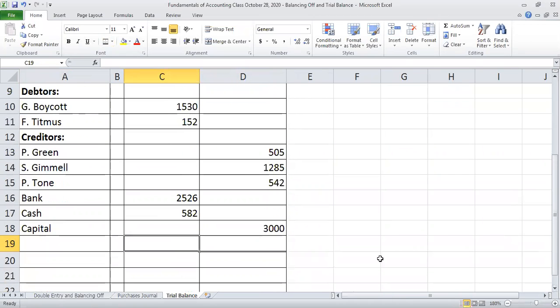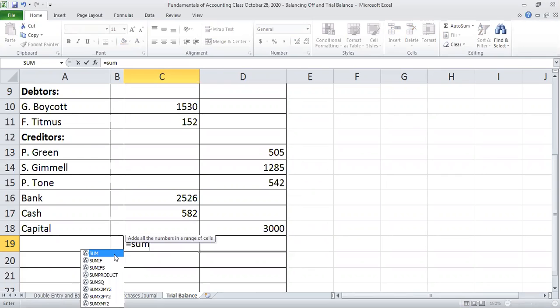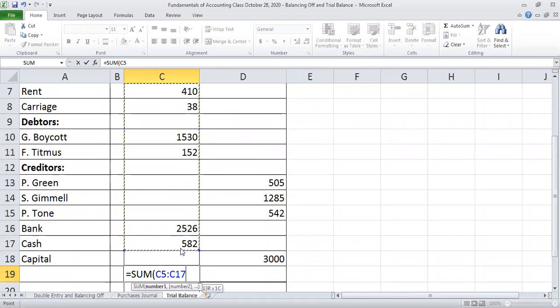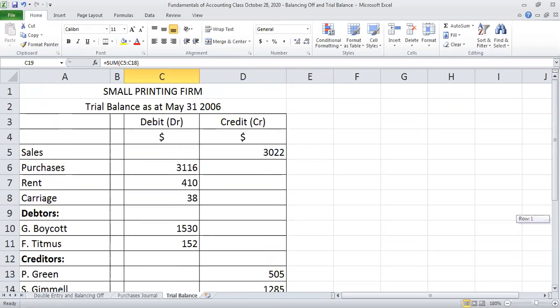So I'm going to have equals sum, and then I add up from the top right down to here. I will get 8,354. Notice I put in the single and double line here. So let's see if this is correct.